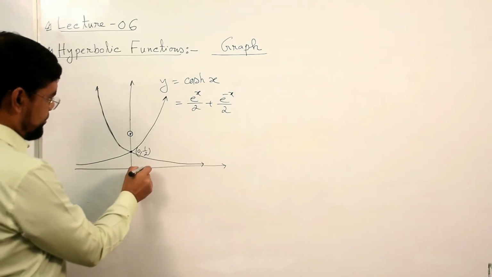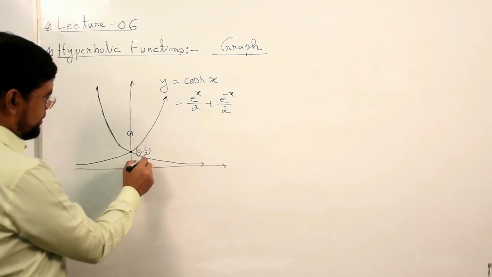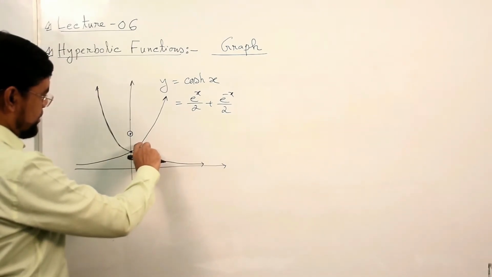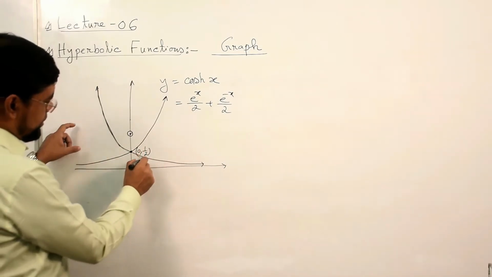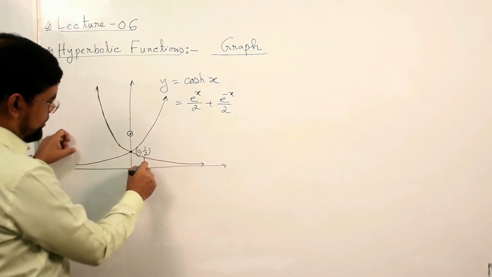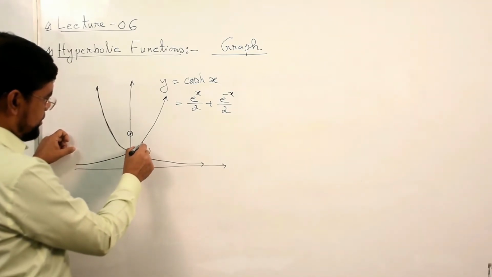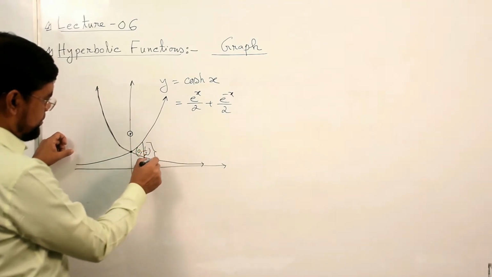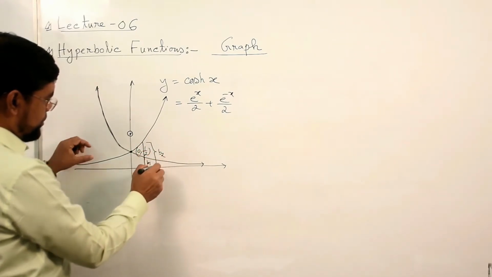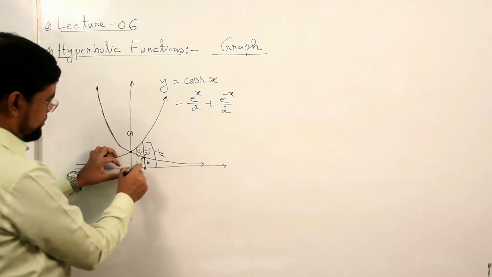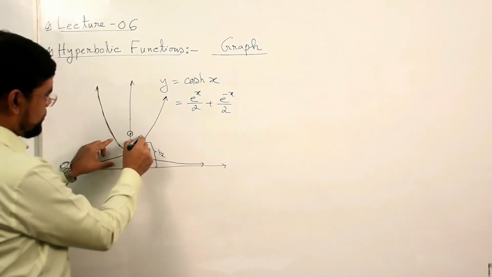So this is the point of y equals cosh x. For example, when x equals, let's say, 1, then y will be this one plus this one. Let's say this one is b1 and this one is b2.